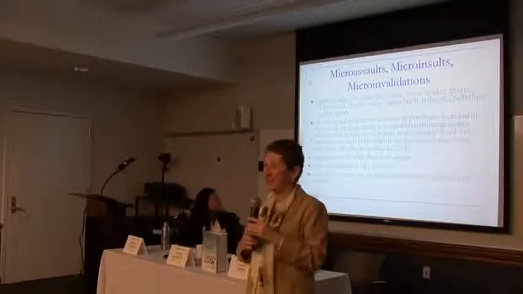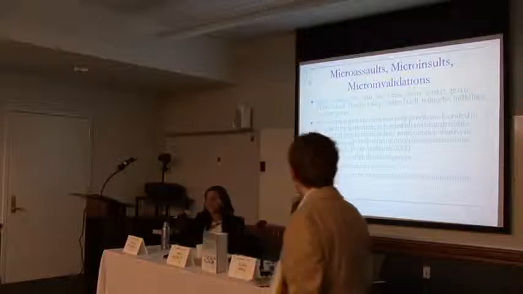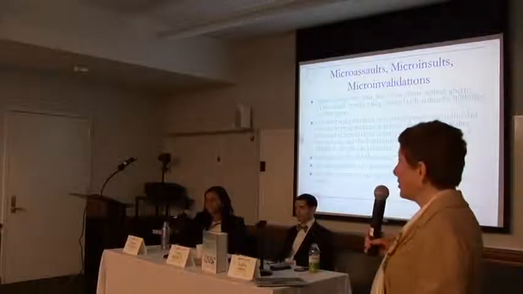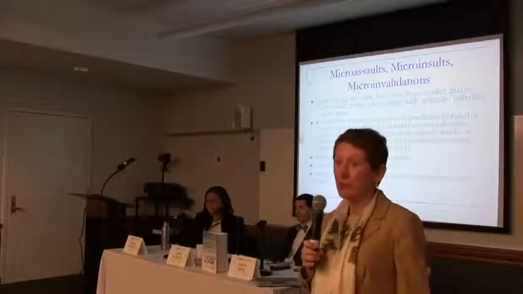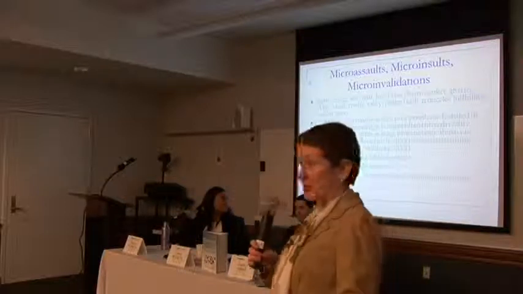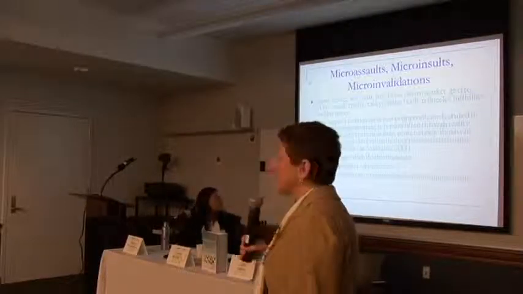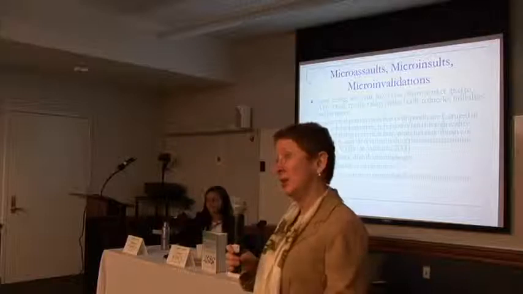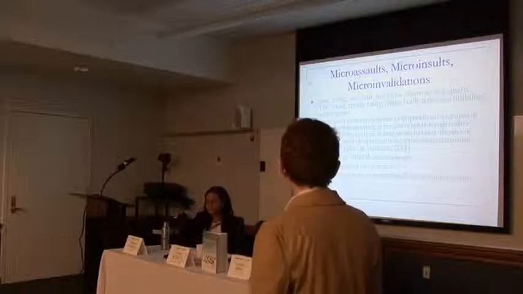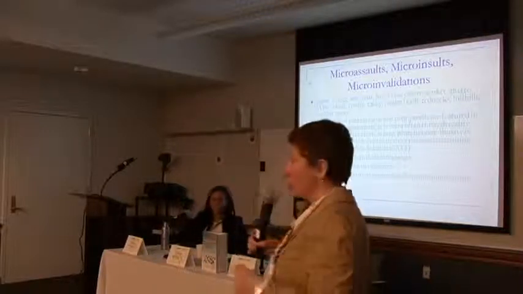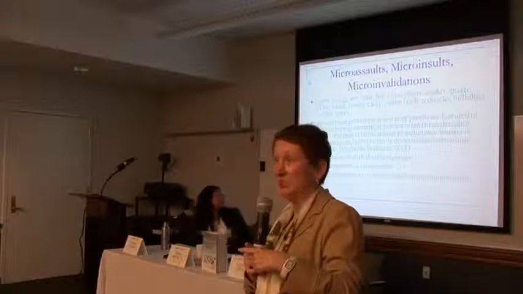Other examples of class-based microaggressions, some of them are the fairly overt name-calling that you can hear sprinkled into conversation and media representations on a regular basis. Some of these you'll notice show the intersections of classism and racism, right?